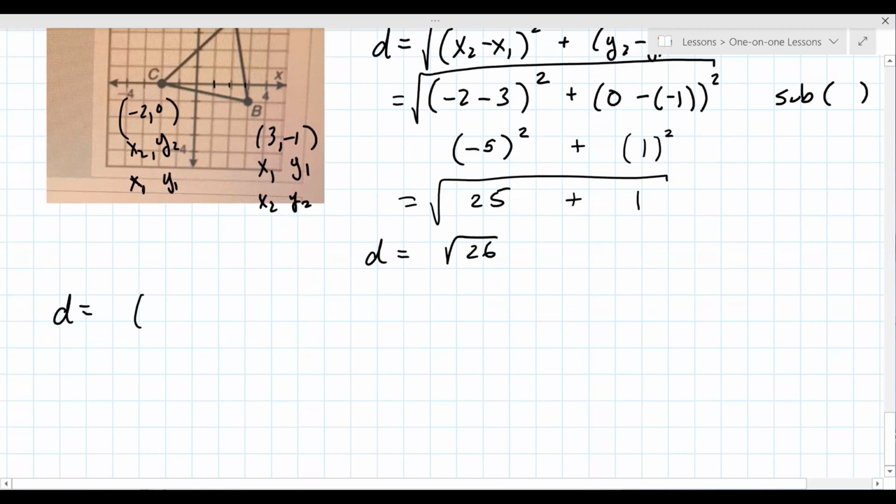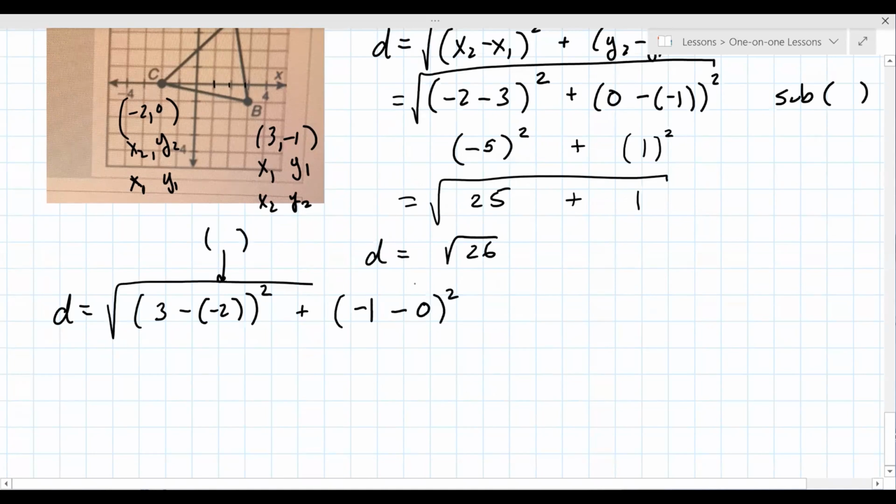It's x2, which is 3, minus x1 minus 2. Now notice I'm putting this in parentheses. That's critical. Because it's negative, I usually throw it in parentheses. Plus, your y2 is 0. I'm sorry, your y2 is minus 1 minus 0 squared, and then this is all square rooted.